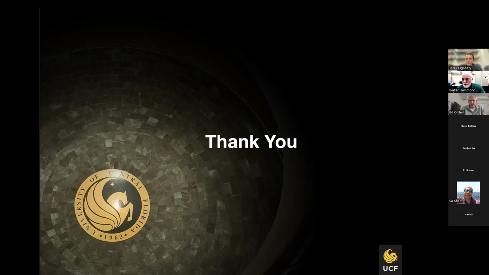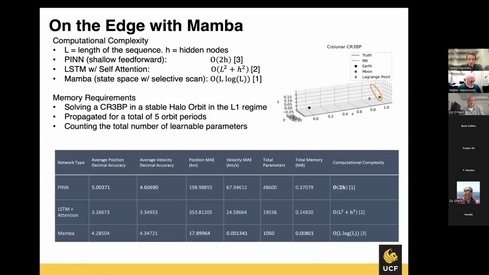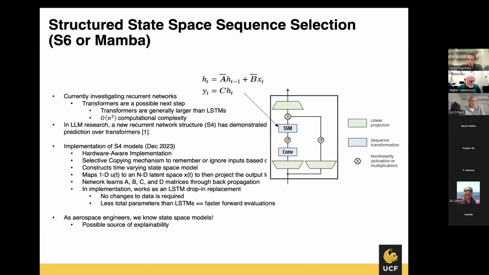I can ask questions when I see him, but I'm very interested to see what's the difference between LSTM and Mamba. Is it just that Mamba is a linear function? I didn't go much into this. This is the Mamba structure. It's pretty similar to LSTM.